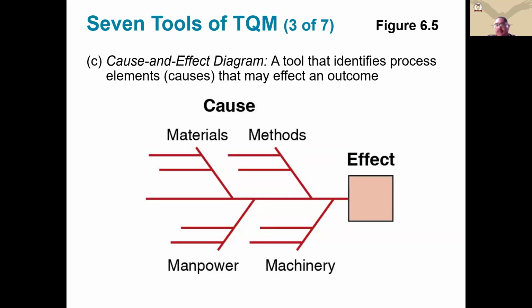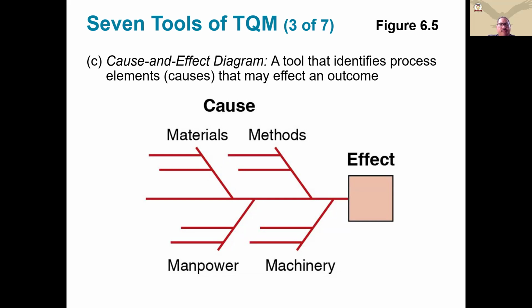So similarly with machinery, maybe the issue has to do with equipment that exists in the operation that is too old, that maybe needs to be serviced a lot, and so there's a lot of downtime in the servicing, and so that causes some effect. So using the cause and effect diagram, you're trying to identify what is causing that effect, what's causing that outcome in the first place.